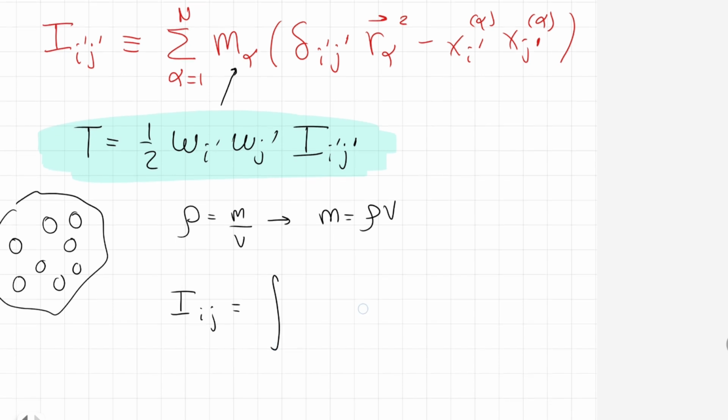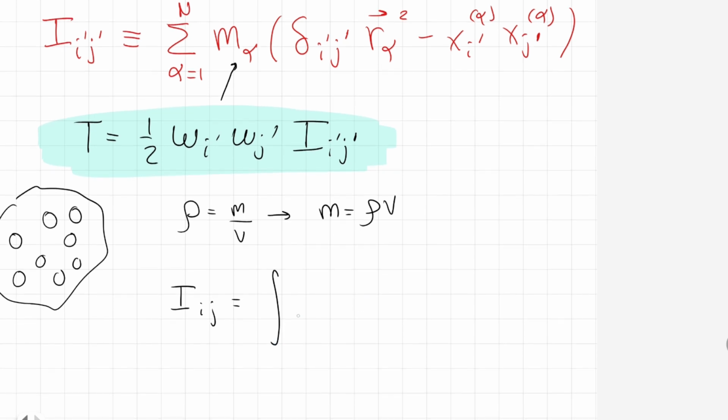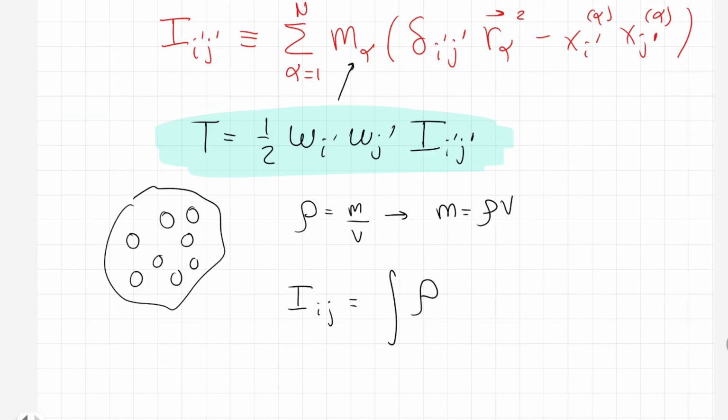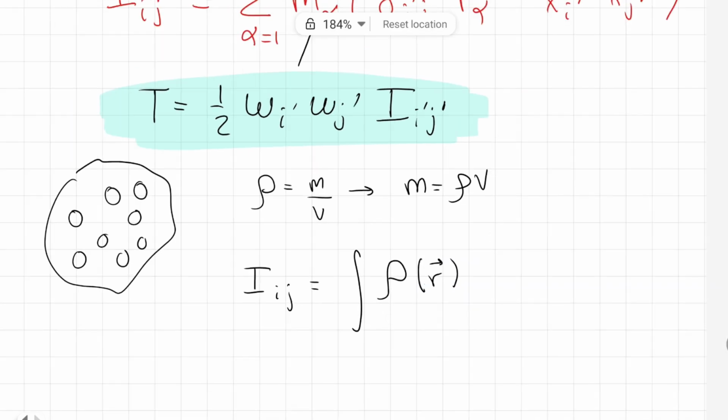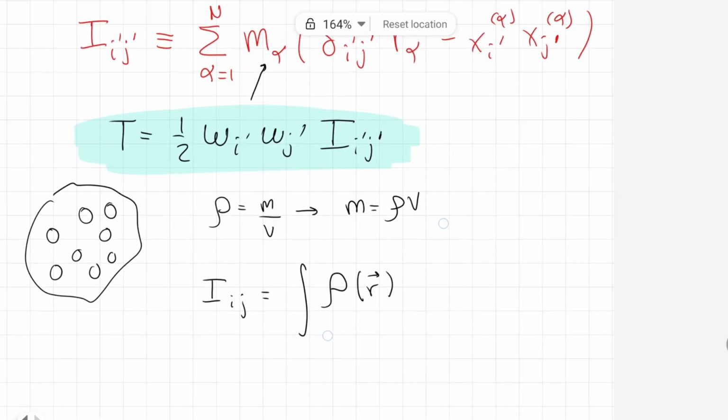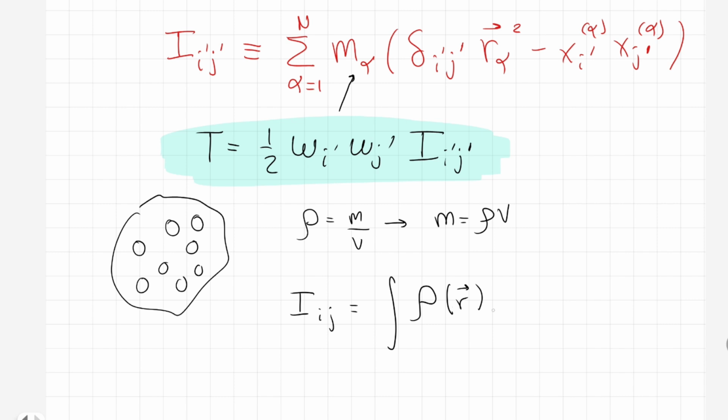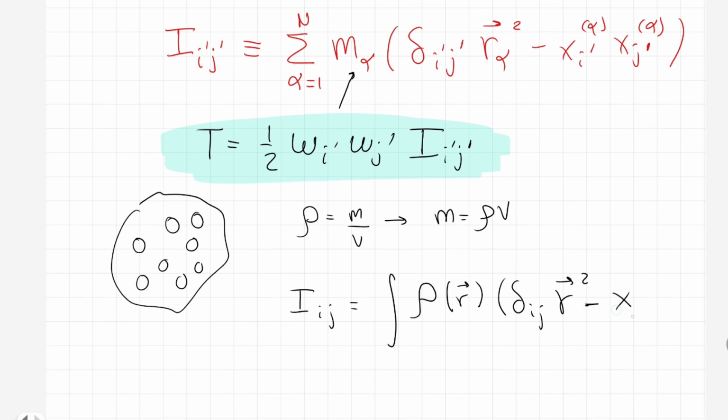That will be the integral of the density of the distribution that will depend on the vector r that allocates the point where we are measuring the density, and then times the Kronecker delta ij r squared minus x_i x_j dV.